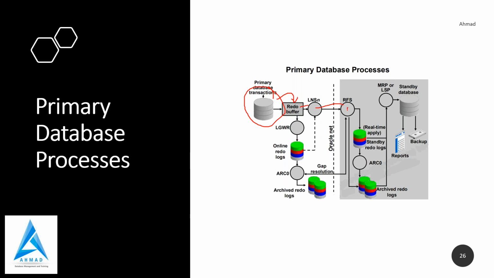If normal standby database configuration is used, it will apply here. And if real-time apply, then it will apply to the standby redo log, and from the standby redo log it will be transferred to MRP for physical standby, and for logical, the LSP process will do the activity. So this is one case.